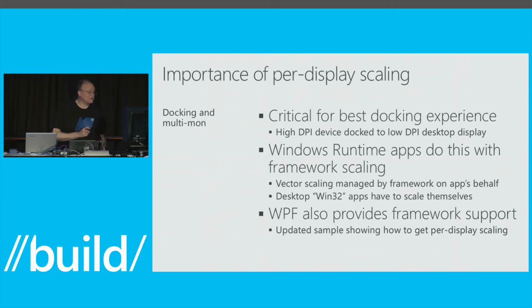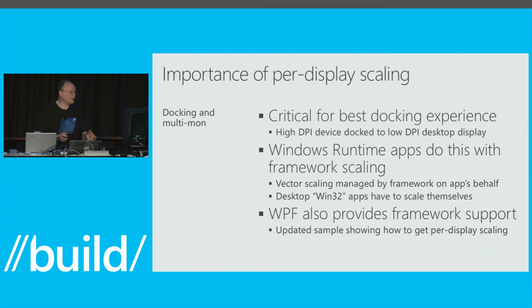We don't have a solution like that for the traditional GDI Win32-based application developer. GDI was just not designed for that kind of fast and fluid rescaling experience. With a lot of work, you can implement that, and some applications are starting to do that. But it's not nearly as easy. The one thing that is a little bit easier is if you've got WPF applications. WPF does have basically a scaling framework. It has a root transform.